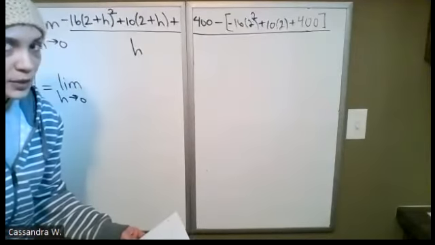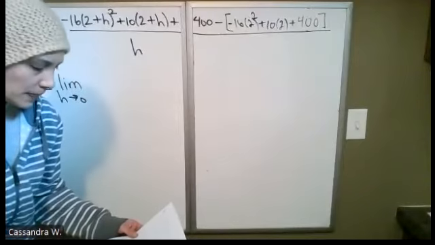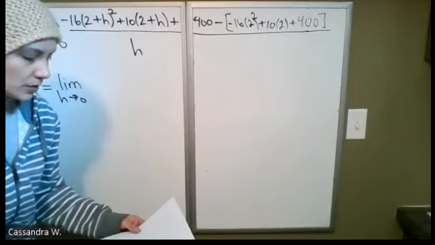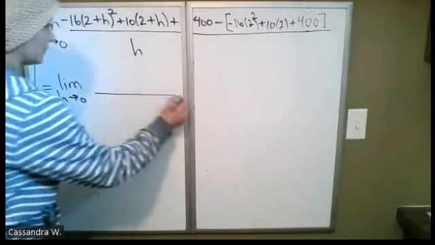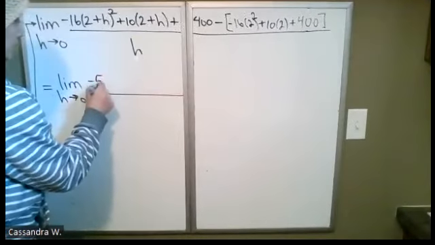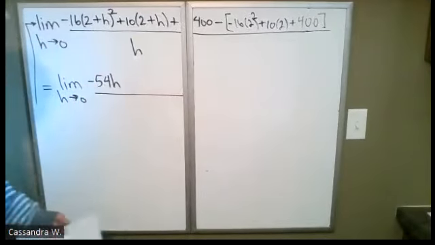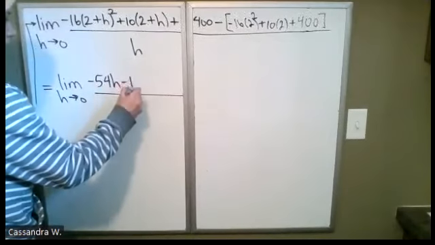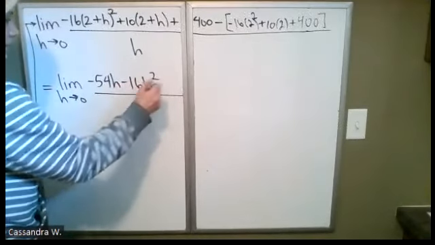So after expanding the numerator, which you can do on scratch paper, I got a numerator of negative 54h minus 16h squared over h.